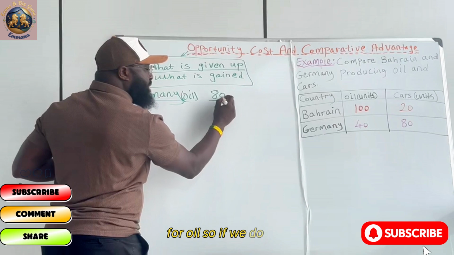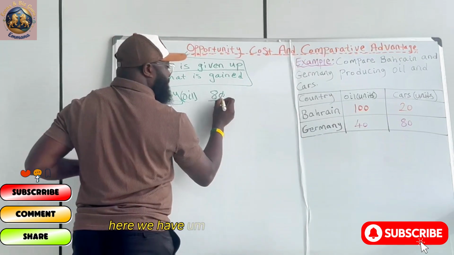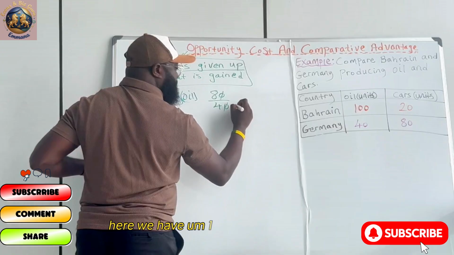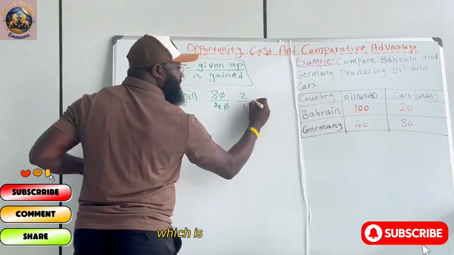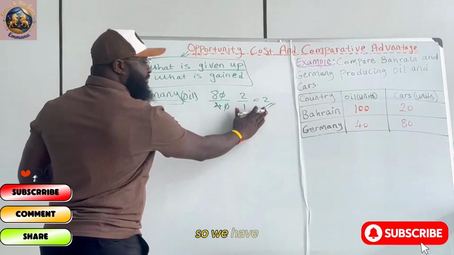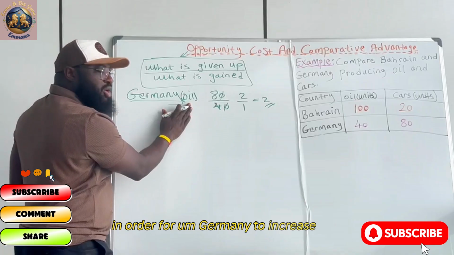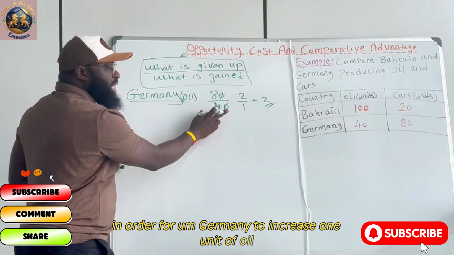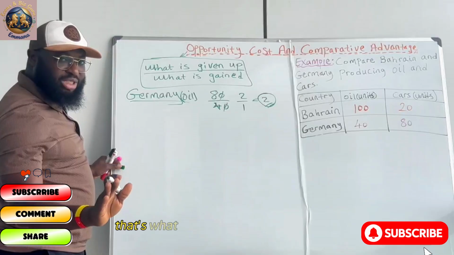The 40 cancels, so we have 1 here and 2 here, which is the same as 2. So in order for Germany to increase 1 unit of oil, they have to give up 2 units of cars. That's what it means.